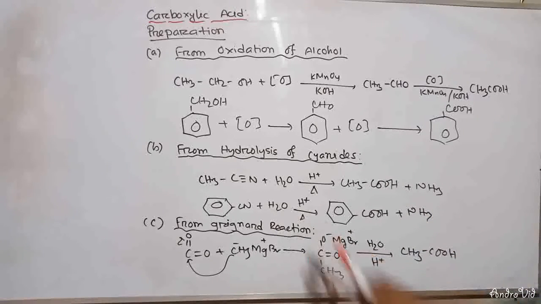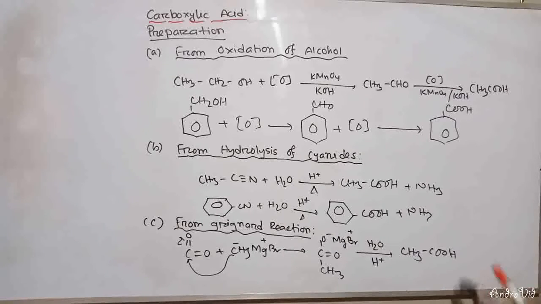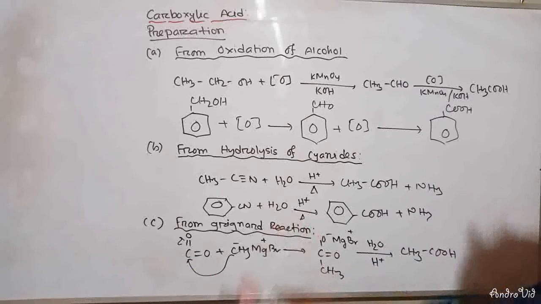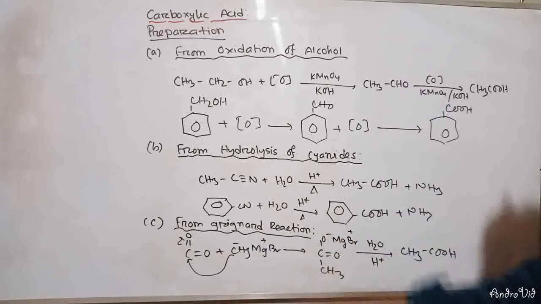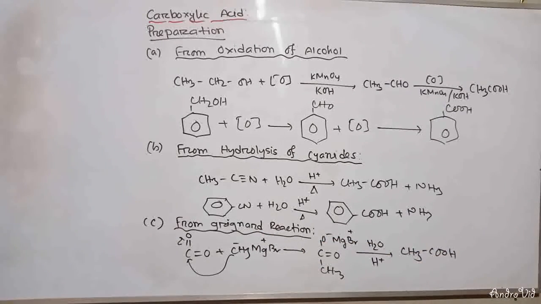Okay, from Grignard reaction, by using Grignard reagent, it is also possible to produce acid. In that case you have to carry out the reaction in presence of carbon dioxide with the Grignard reagent. You know, methyl magnesium bromide is the Grignard reagent. When you use this methyl magnesium bromide, this portion is negative in charge and the rest of the portion is positive in charge, and this carbon is positive in charge, as oxygen is attached with this group.